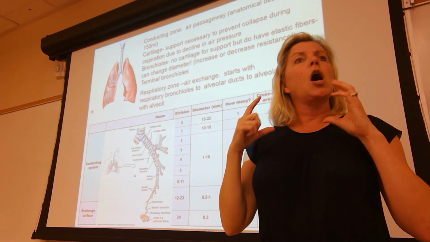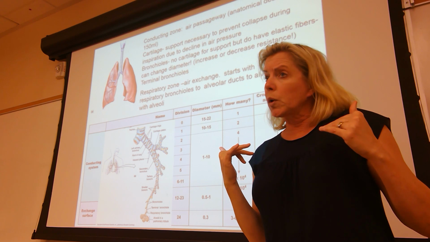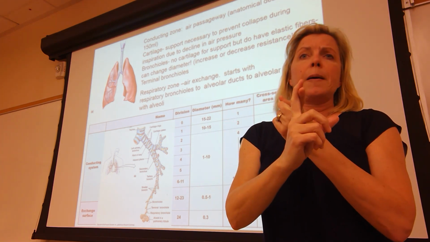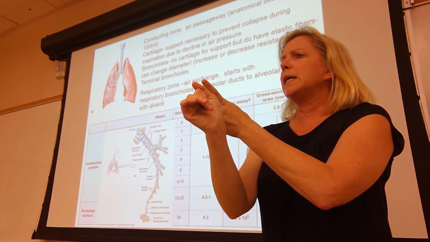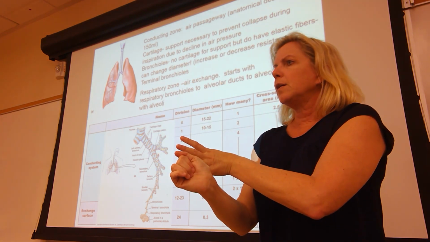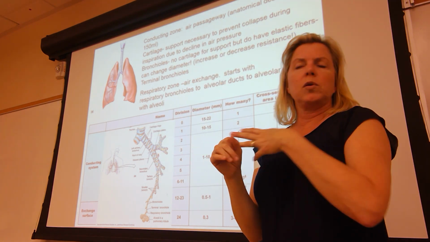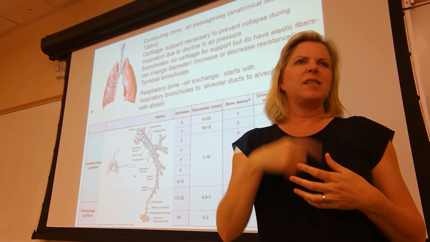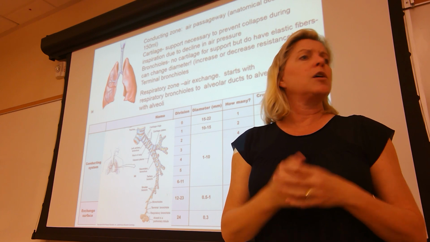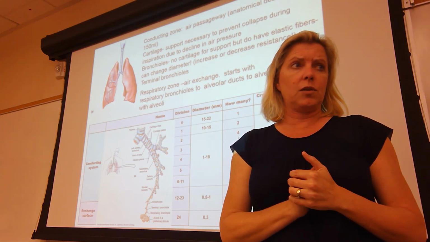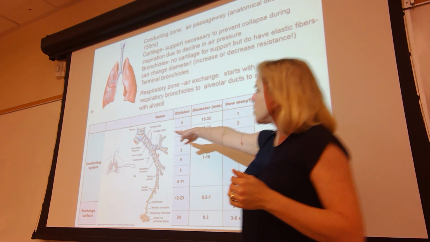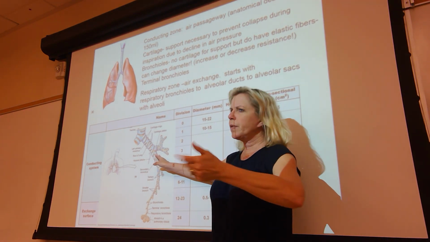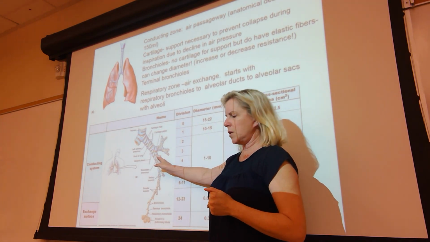A conducting zone includes structures that you have too few of, and they're too big and too thick for gas exchange. For example, the trachea. You have one trachea, it's very thick, has these cartilaginous C-rings. You do not have gas exchange. The bronchi are still too big, too few of them, too thick, can't have good gas exchange.